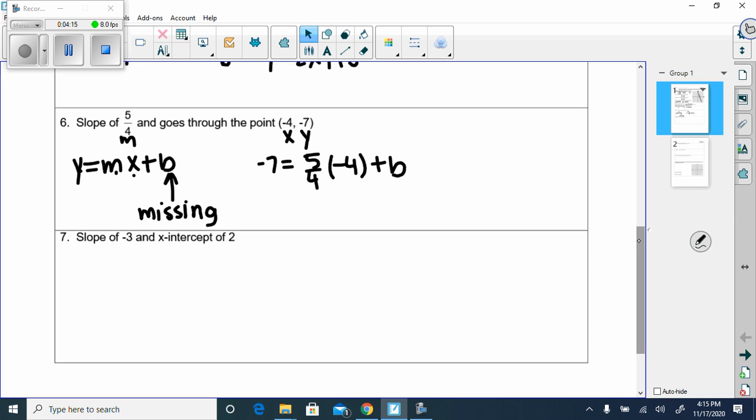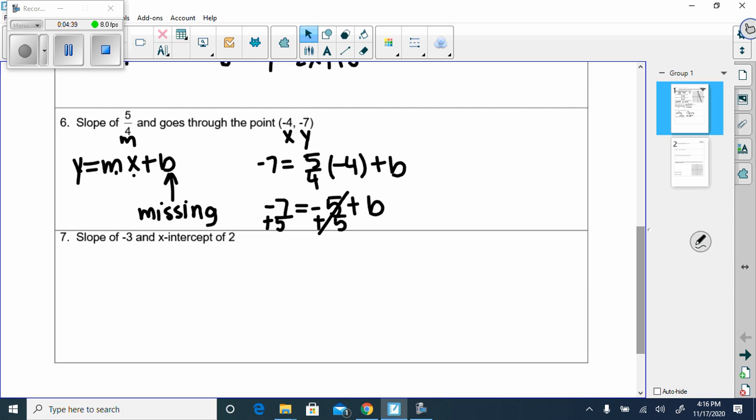Alright, so I will have negative 7 is equal to, I would need to multiply 5/4 times negative 4. So 5/4 times negative 4 is going to give me negative 5. So I'll have negative 5 plus b. So to get b by itself, I would then have to add 5.